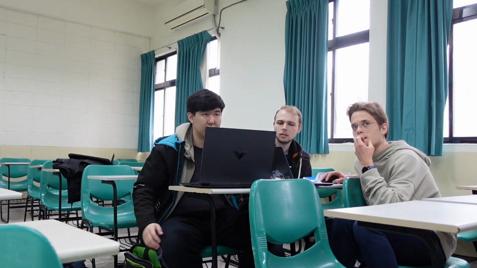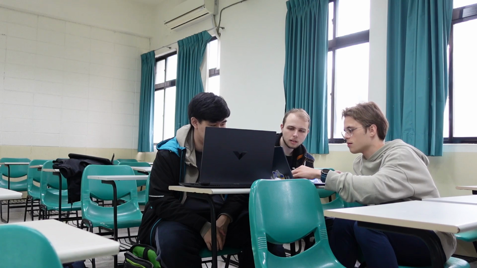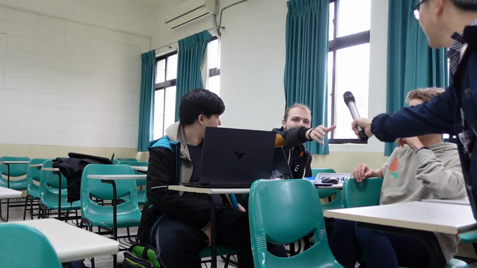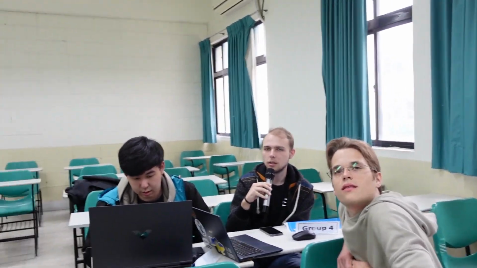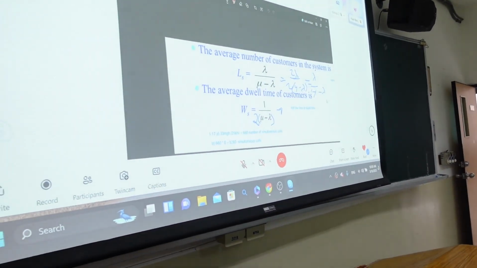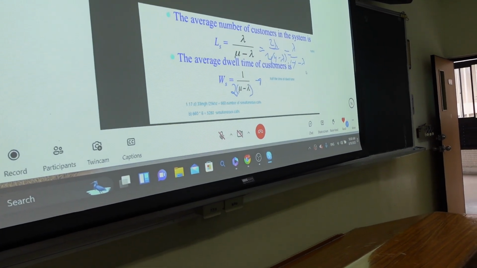So the final one is from group 4. Share your screen and turn on the microphone, but turn it off immediately. Ready? So, presenter. For the first problem, we have the average number of customers in the system. It's a really simple formula. We just multiply by 2 and find that it divides itself, so it remains the same.